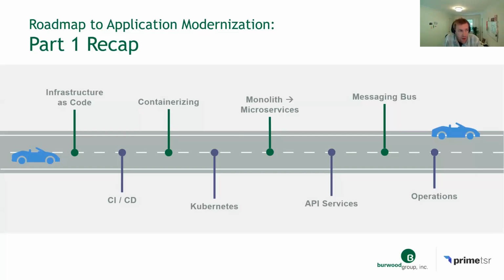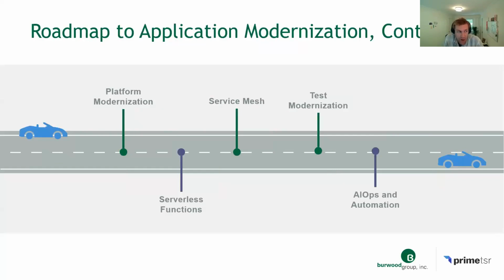In this session, we're going to go through platform modernization, the more advanced capabilities that Google provides for us as software engineers for where we want to build and run our applications. Have a look at serverless and functions as a service. Talk about service mesh and more advanced modern networking capabilities as you start building more microservices.